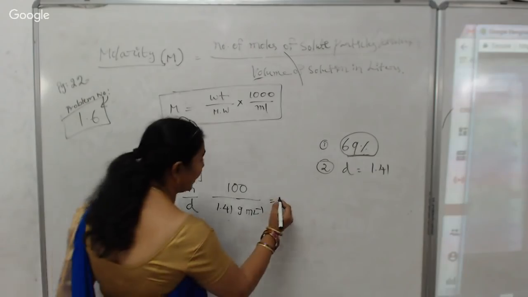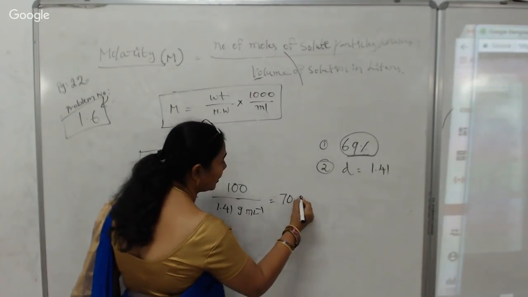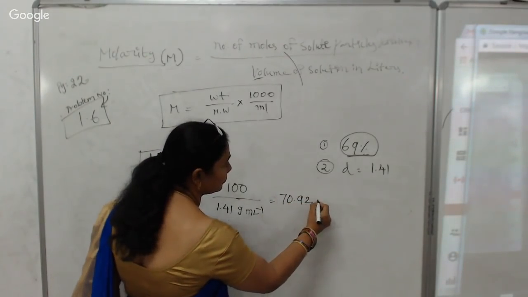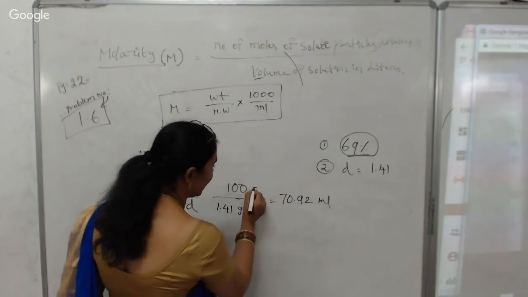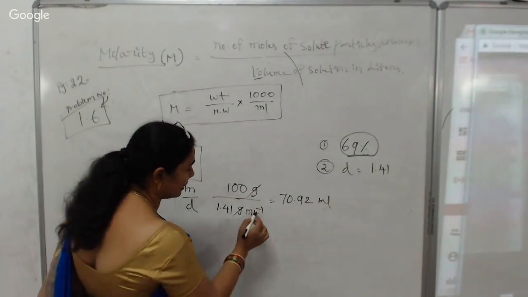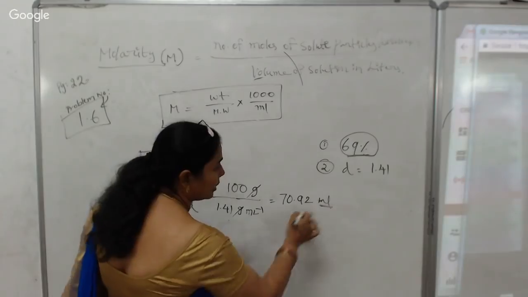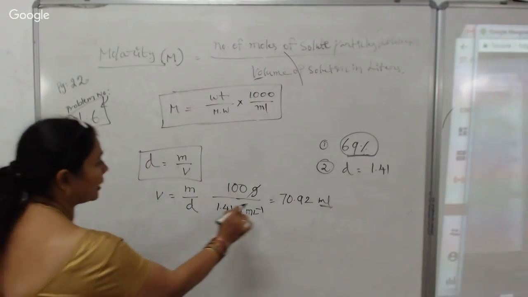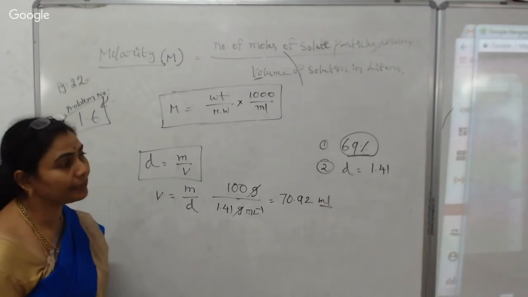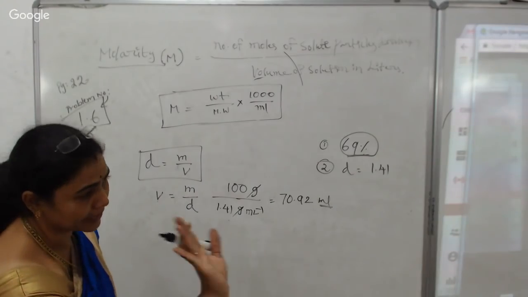If you calculate, you will get 70.92 milliliters, because grams will cancel and milliliters you will get. So the volume you now got in milliliters. Is it clear? Children, is it clear?